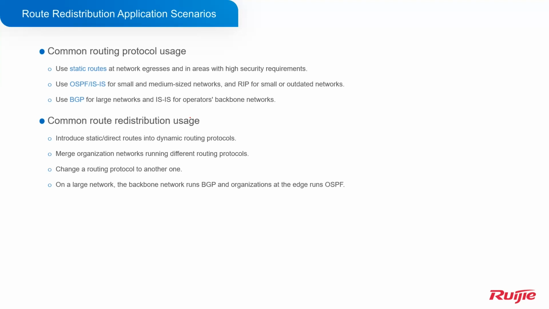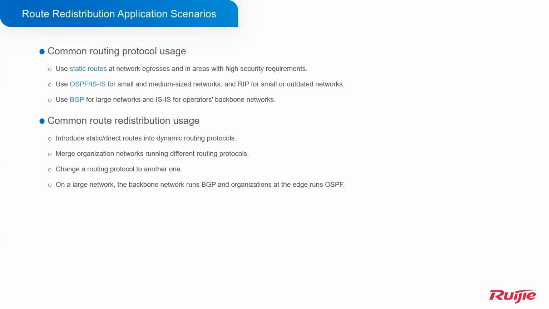And next, let's see the route redistribution usage. It can be used to introduce static or direct routes into dynamic routing protocols, merge organization networks running different routing protocols, or change the routing protocol to another one. Or on a large network, the backbone network runs BGP and organizations at the edge run OSPF. OSPF is responsible for calculating route entries, and BGP is responsible for transmitting these entries.